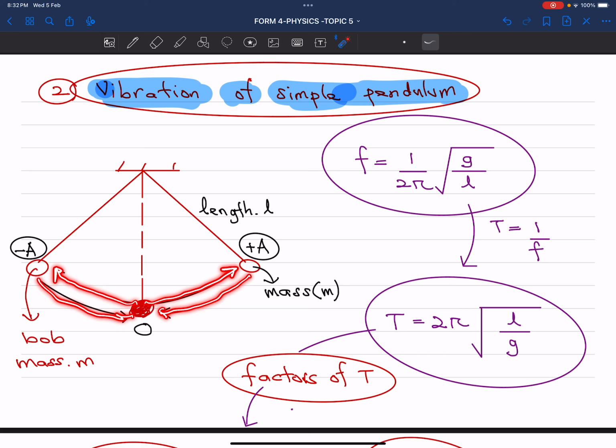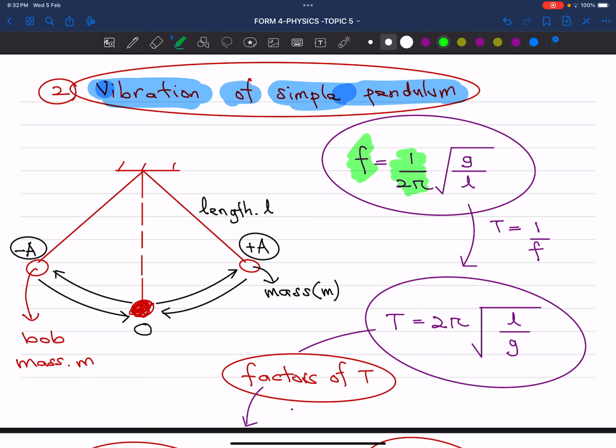returns back. Now this simple pendulum has a formula of frequency. What is frequency? In the previous lesson I've already explained. For this simple pendulum, we have a special formula for frequency, which is frequency equals 1 over 2 pi square root g over L, where g we already know.